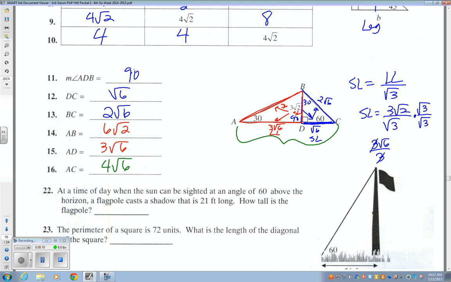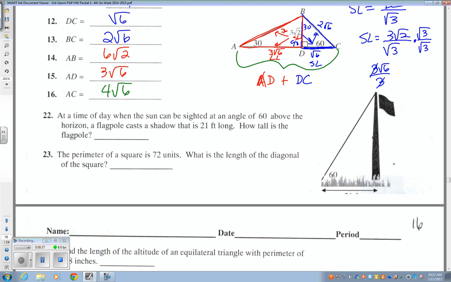I'm going from here to here, so I have to take the side of AD plus what DC is. We're not multiplying, we're adding them up. Yes. Okay.